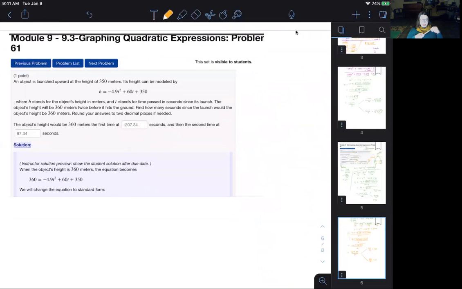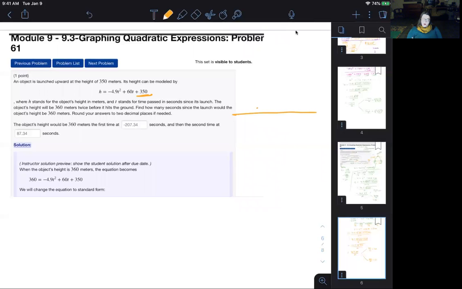Graphing quadratic expressions, number 61. So this is 9.3. An object was launched upright at a height of 350 meters, and that's where you see that starting value in the equation, the 350 meters. Its height can be modeled by h equals negative 4.9.